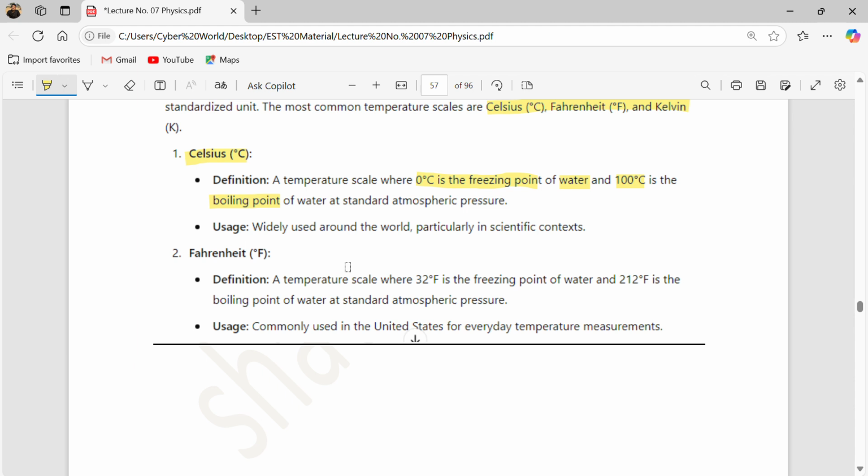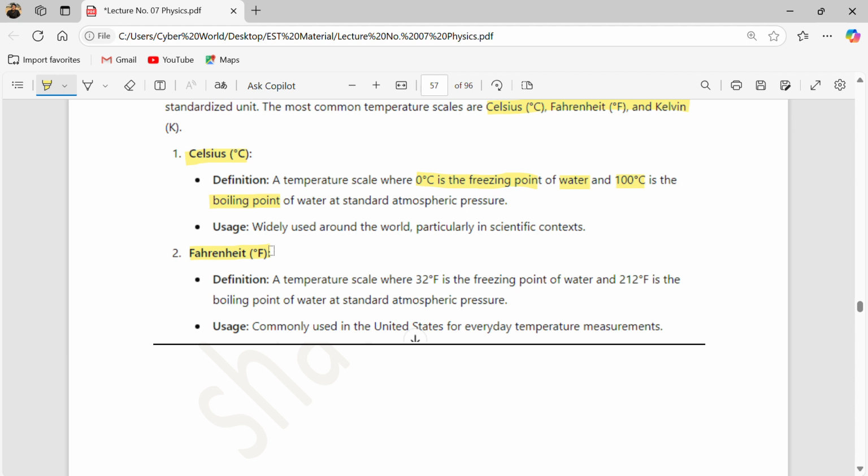The next temperature scale is the Fahrenheit scale. This is another scale to measure temperature, where 32 degrees Fahrenheit is the freezing point of water and 212 degrees Fahrenheit is the boiling point of water at standard atmospheric pressure. So you can see there is a difference between these scales.